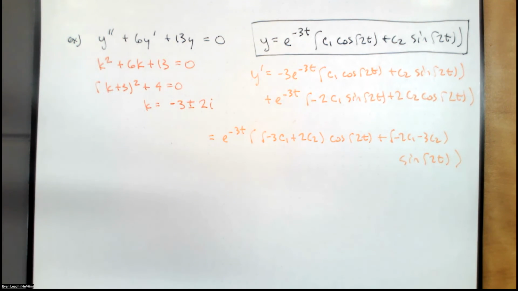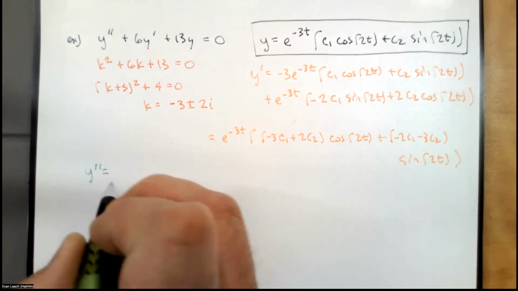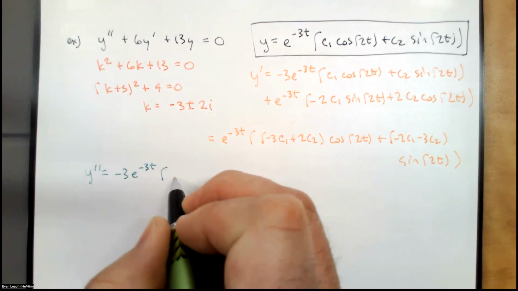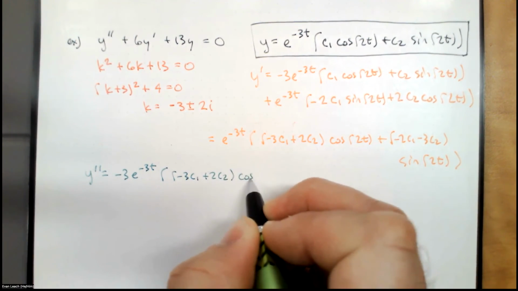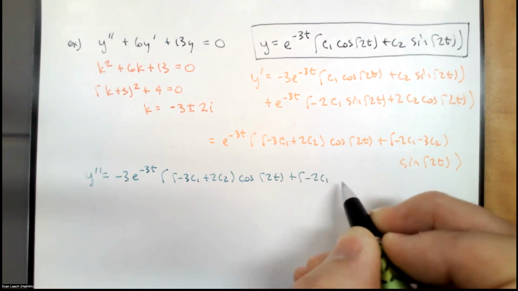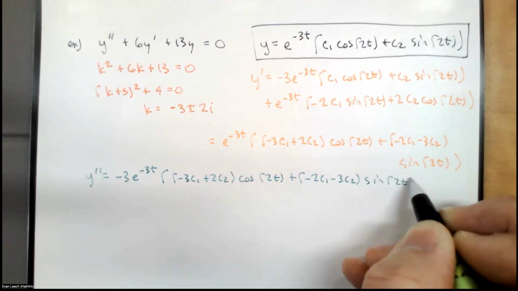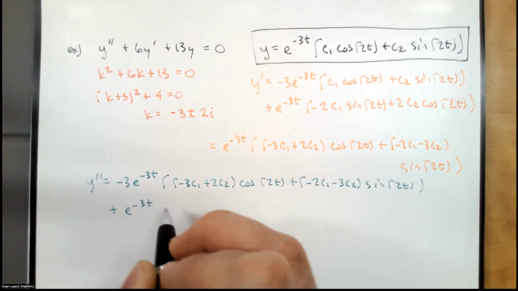This is going to go in for y prime. Our original is going to go in for y. We need y double prime, so it's just going to be more derivatives. Take the derivative of the first times the second, plus the first times the derivative of the second.